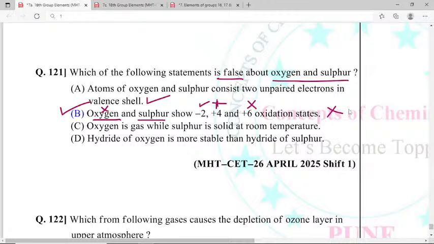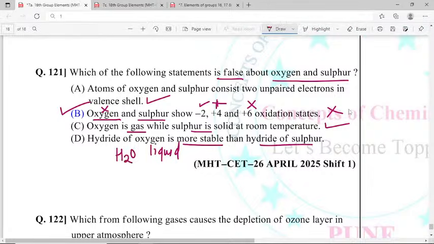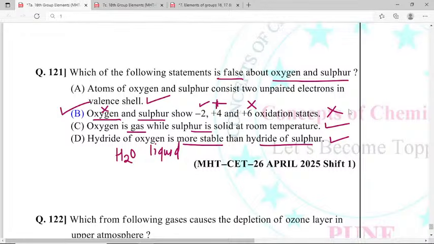Oxygen is a gas, sulfur is a solid. Correct. The hydride of oxygen is more stable than the hydride of sulfur. Correct, it is a liquid. Water, H2O, is a liquid. So this is correct. So option B is incorrect. Please mention the question: which of the following statements is false about oxygen and sulfur?